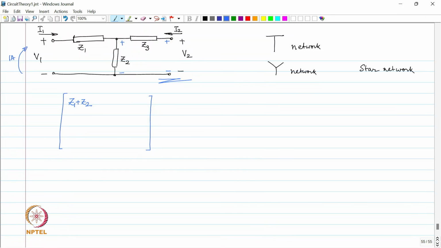So, the drop across Z3 has to be 0. So, 1 ampere into Z2 is the voltage across V2.